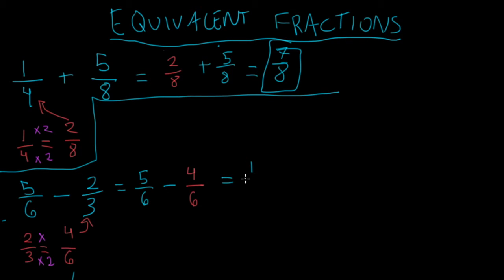And that gives us 1/6. And 1/6 would actually be our final answer. Okay, so using equivalent fractions, we can add and subtract fractions with different denominators. Okay, let's do 2 more on your own, and then we will move on to reducing fractions.